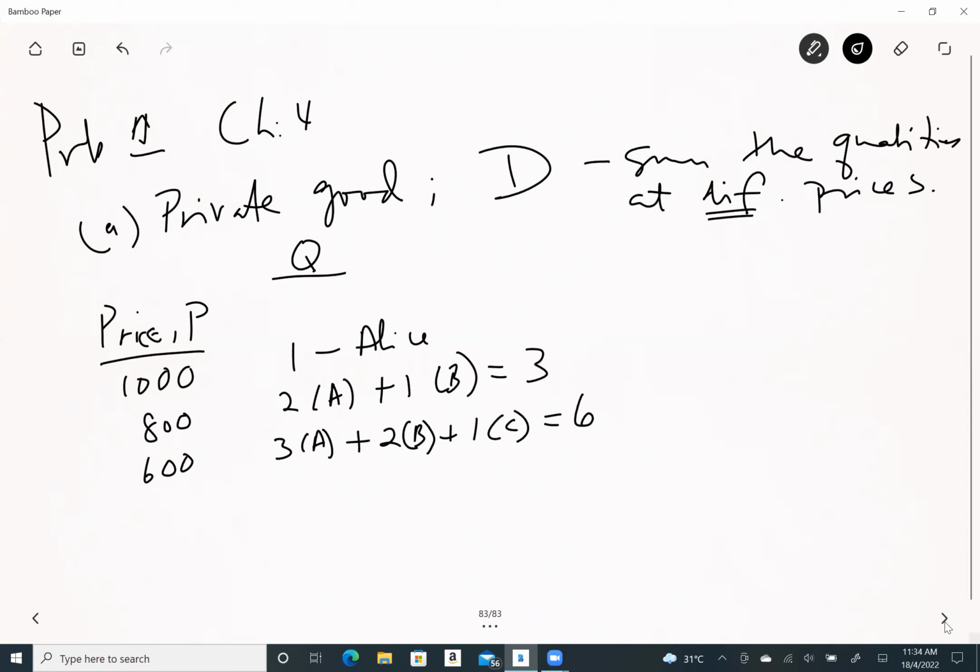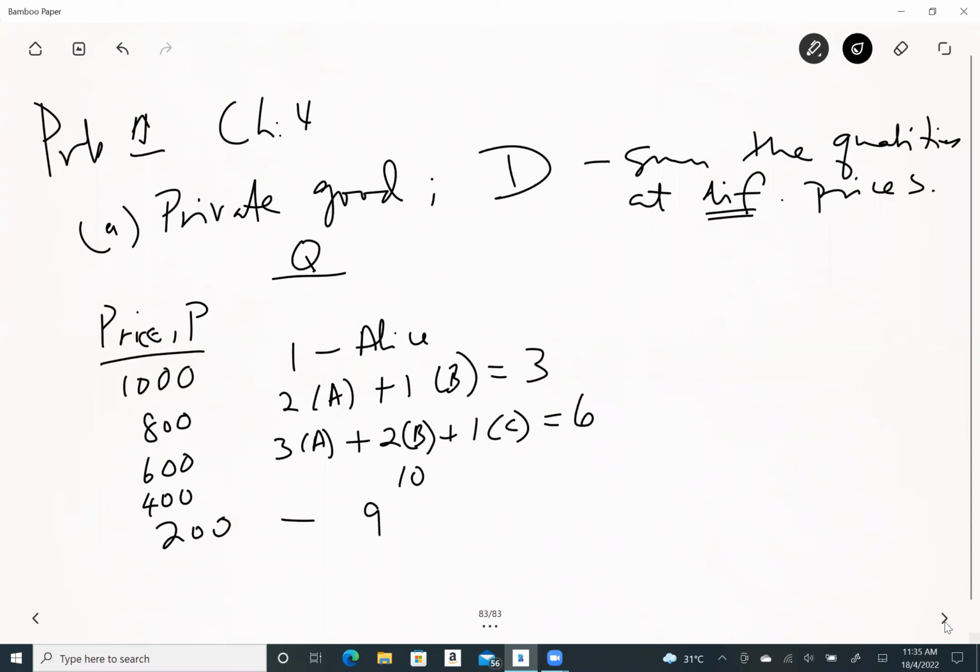So what you will get would be a demand function. So you do it for 400. If you do that, I will get 10. Okay, you do it by the same method. And then at 200, you get 9. So no need to do it, because the quantity will decrease.